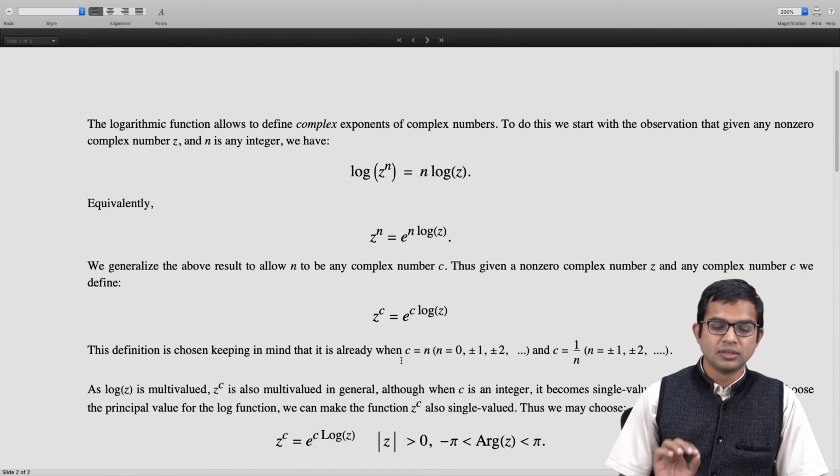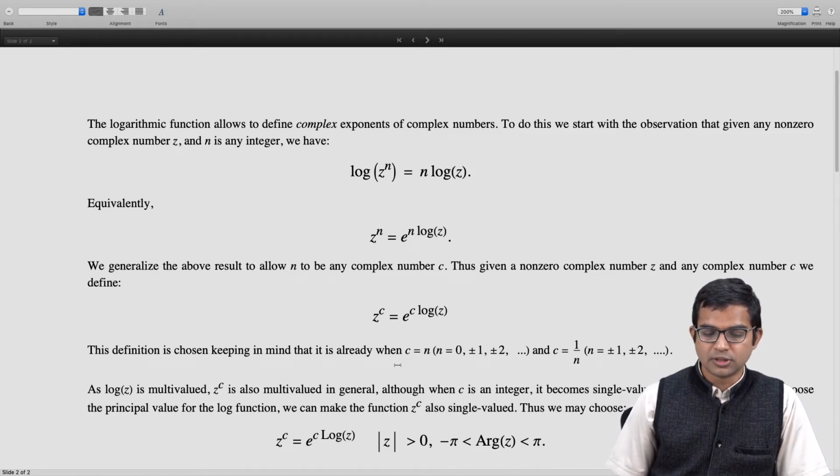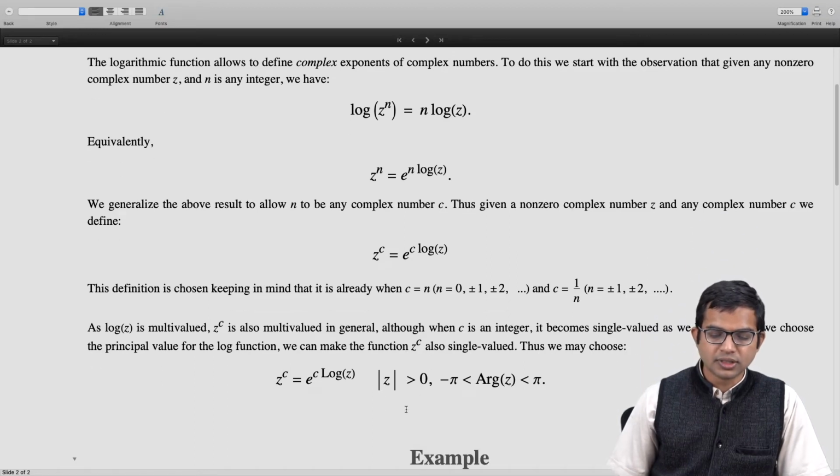So we can choose z to the c to be e to the c times capital LOG of z, the principal value of log of z, for mod z greater than 0, and this angle, which is represented by the capital Arg of z function, is restricted to lie between minus pi and plus pi. And it is possible to choose any range which extends over a region of 2 pi, right? But the convention is to choose minus pi to plus pi, right? So if we do this, then it becomes single valued.